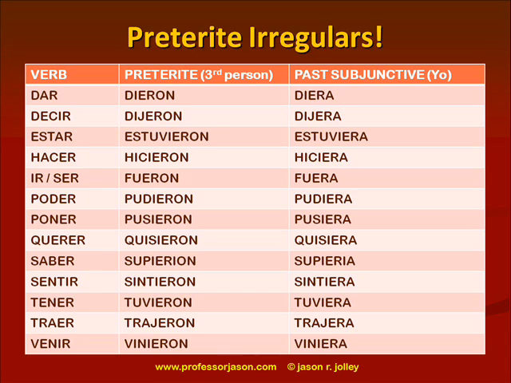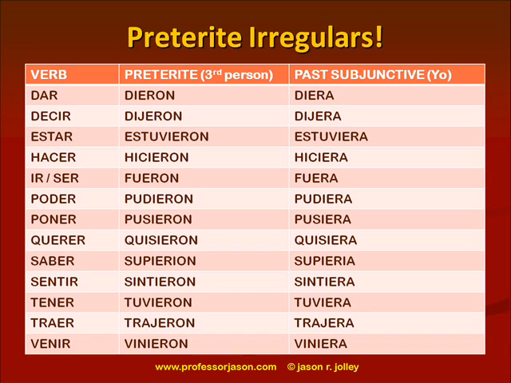Estar, to pick out another example, is estuvieron in the third person plural of the preterite, which would be estuviera. Again, we're just taking off the ON and adding those endings that we saw in the previous slide. Ser and ir, which have the same form in the preterite, third person plural would be fueron, and that's going to give us fuera in the past subjunctive.